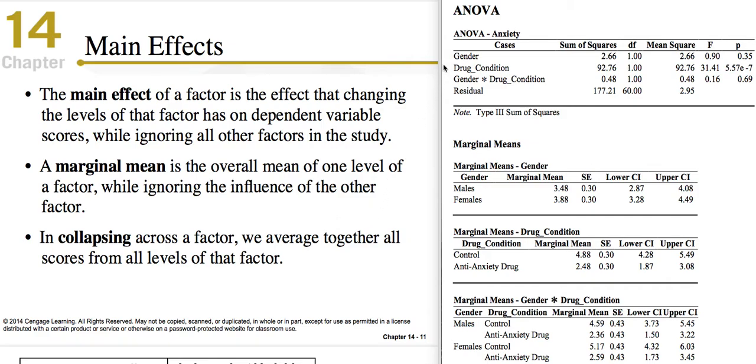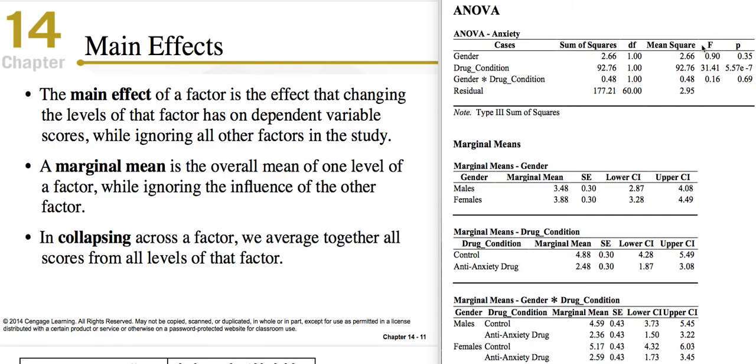The first step in our interpretation is to look at the main effects. So we are going to look at the effect of gender and see whether there's a difference in the levels of that factor. So right away, looking at these means of 3.48 and 3.88, we can see that there's not a big numerical difference between those, but we don't know that's significant until we look at the results of the test.